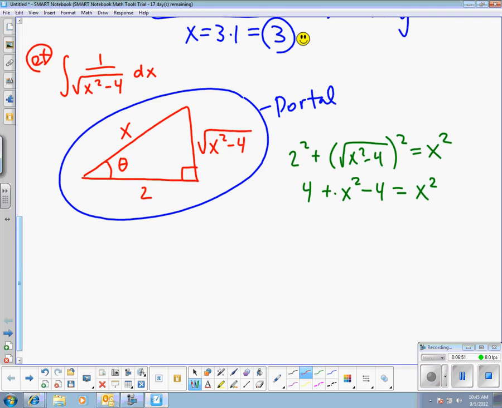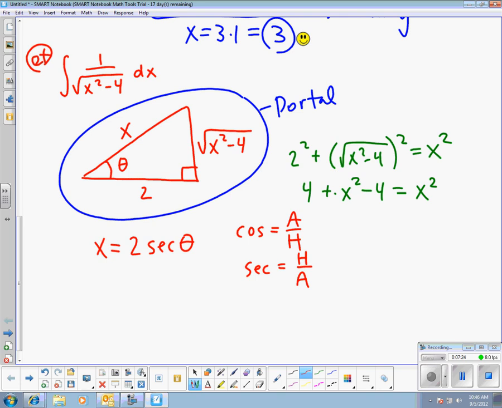So first of all, let's agree that x equals 2 secant of theta. That again is a pattern that you will use with this particular portal, but just for now, let's agree that it's true based on the triangle. Secant is the inverse of cosine. Cosine is adjacent over hypotenuse, so secant must be hypotenuse over adjacent.